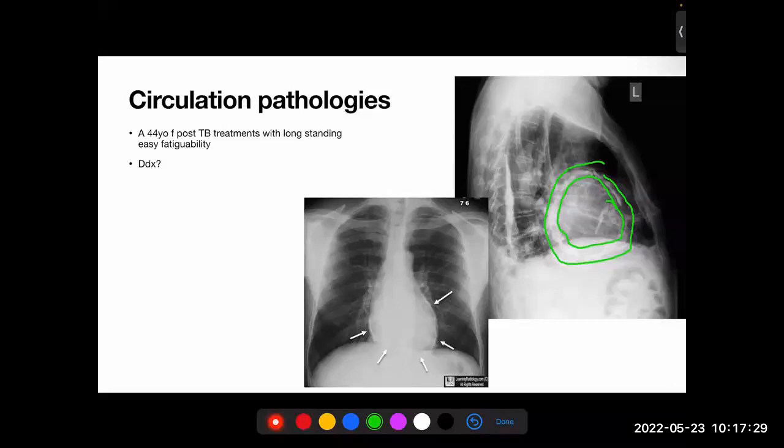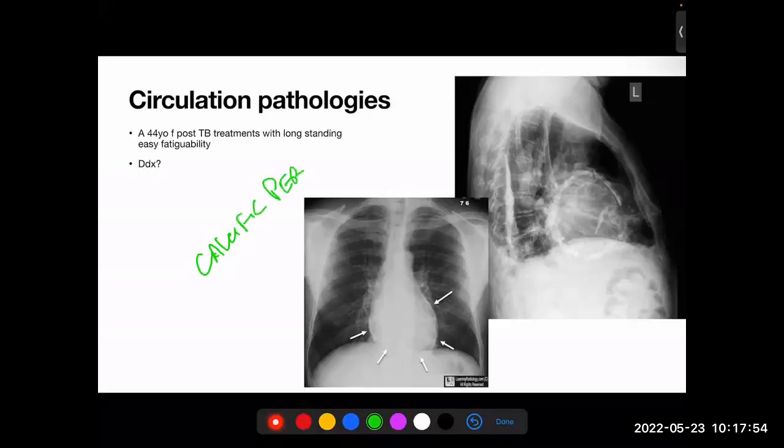Post-TB pericardial fibrosis. I disagree with you, but you are almost there. Calcification. Who said calcification? I agree with calcification. This is post-TB pericarditis with pericardial calcification.